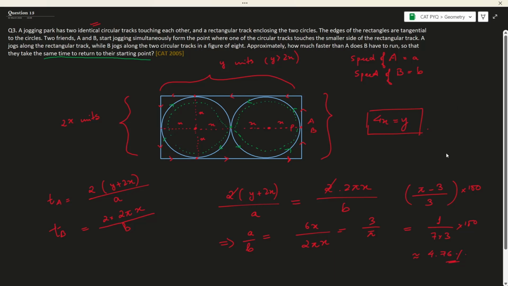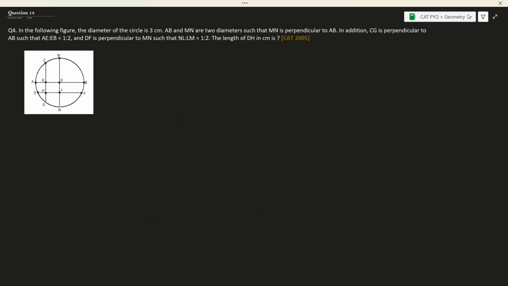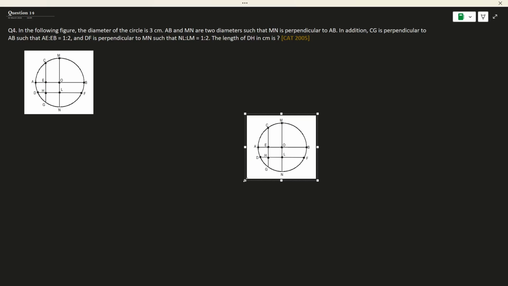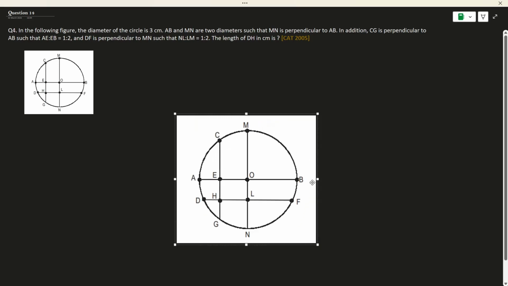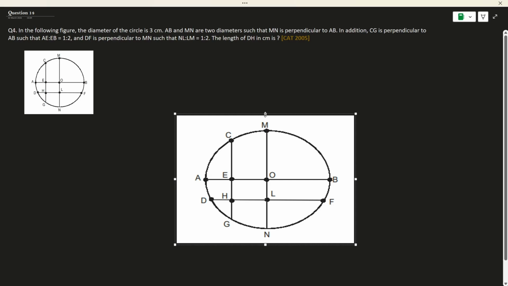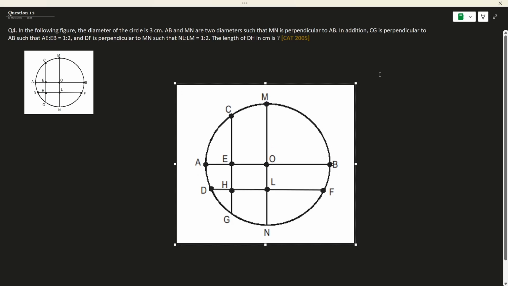Okay. Let's move on to the fourth question. So in the figure, the diameter of the circle is 3. Let me copy the image and enlarge the image. Okay, I will solve everything in the image. I won't be drawing another image for this question.